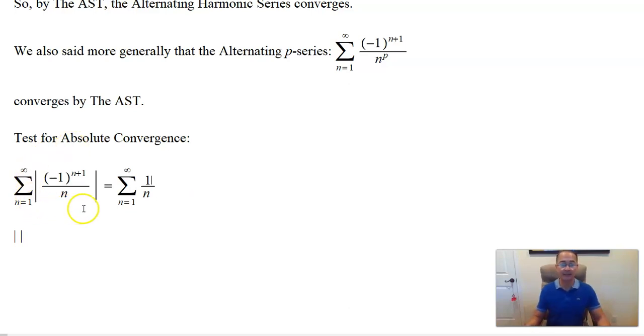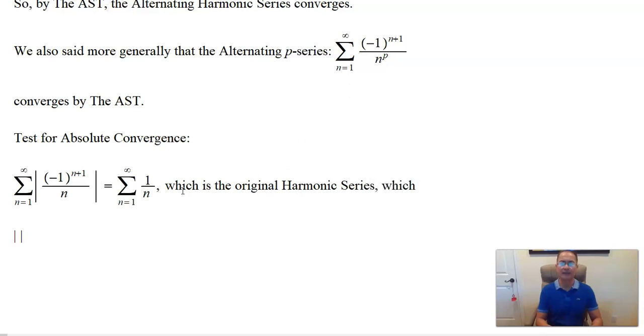We are asking if our original series with a minus 1 to the n plus 1 over n is absolutely convergent, okay? So we will take the absolute value of the terms, and then we're going to ask, are you convergent or divergent, okay?